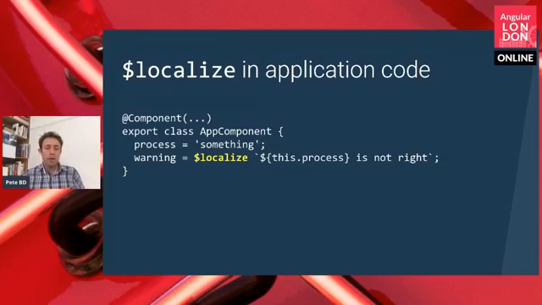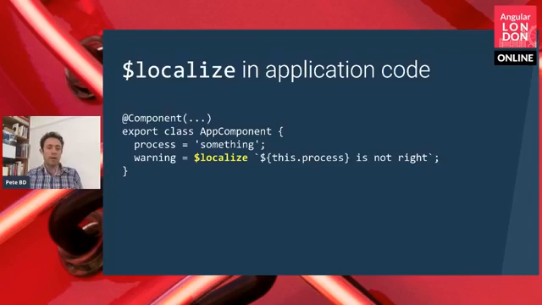The $localize is called, in this context, a tag handler. What this is saying is that the backtick string gets parsed by the compiler and then passed to the $localize function in a particular format, and then $localize is able to process this backtick string before outputting the final string.